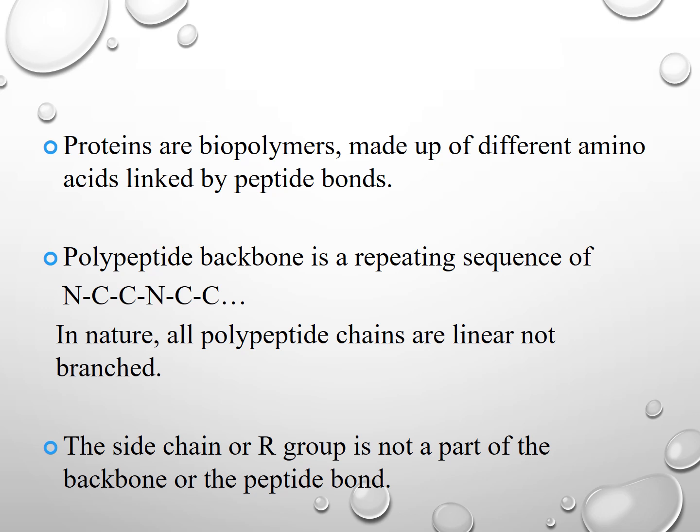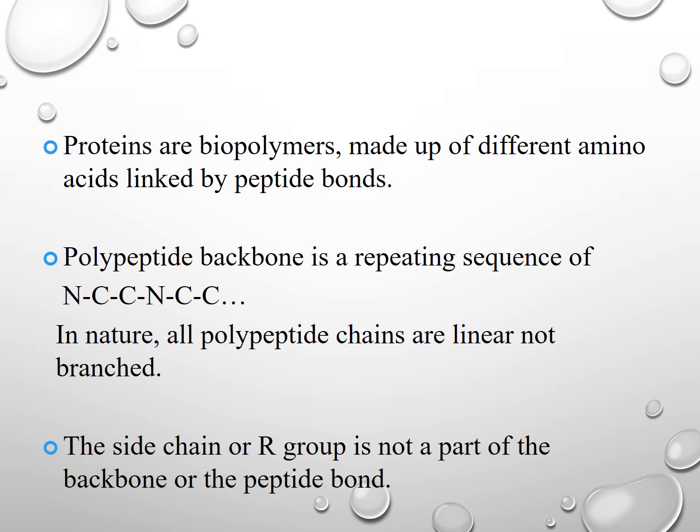So this sequence is repeated again in the polypeptide backbone. In nature, all polypeptide chains are linear. They are not branched. When linear chains overlap over each other through different bonds, they form the complex protein structure.